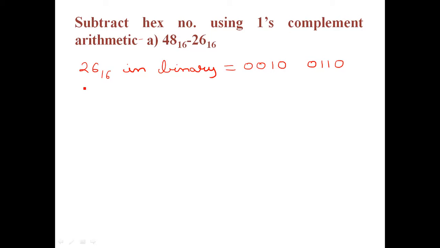Now we will take 1's complement. That is 1101 1001, which is equivalent to D9 in hex.